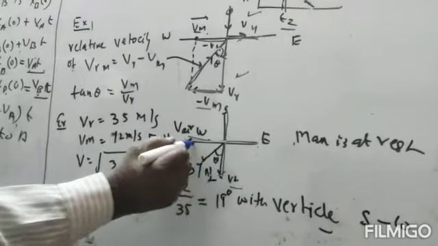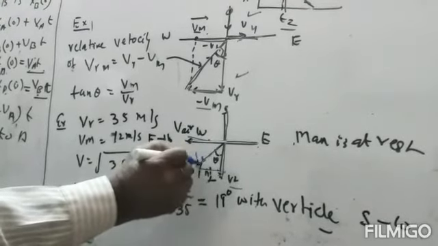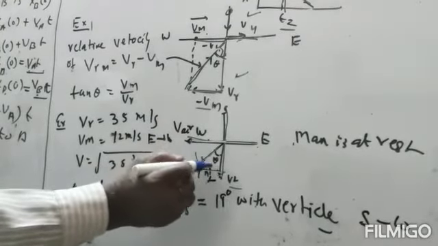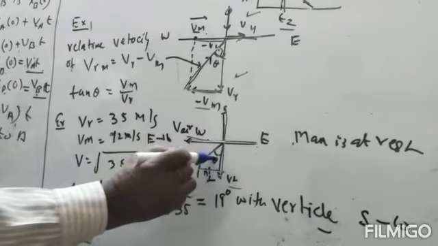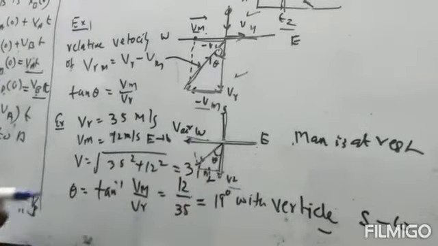So you have a triangle, and this will be the direction of the resultant. So the resultant direction, this angle, tan theta will be equal to V man by Vr.